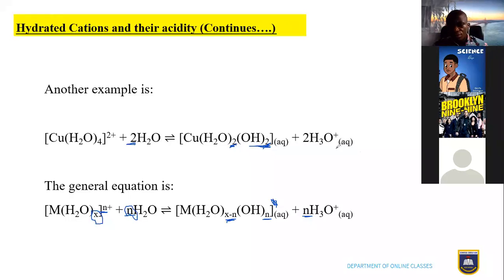Theophilus. I had Mg into one bracket H2O subscript 6 into a bigger bracket with exponent 2 plus in the aqueous state, plus 2 moles of H2O, giving you Mg into one bracket H2O subscript 4 into another bracket HOH subscript 2, plus 2 moles of H3O plus in the aqueous state.